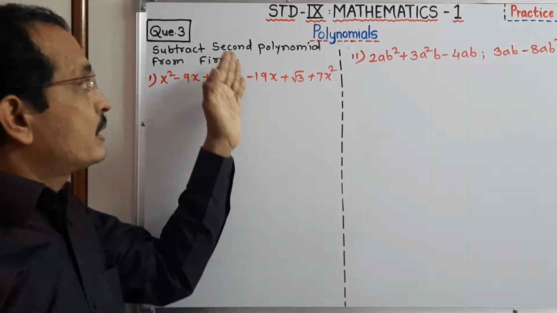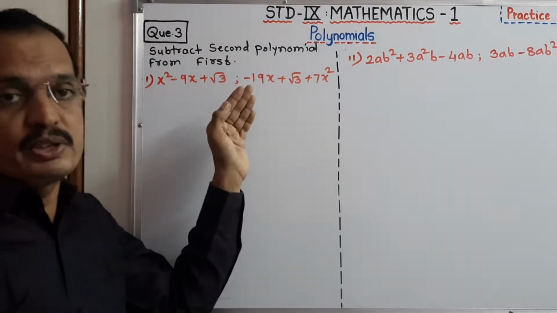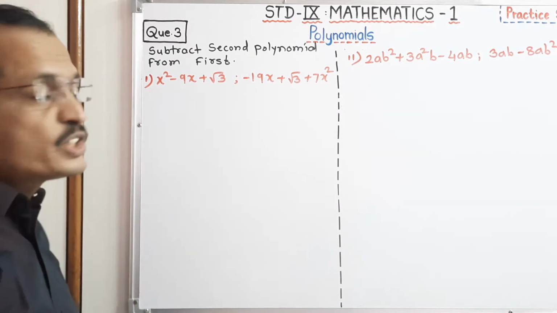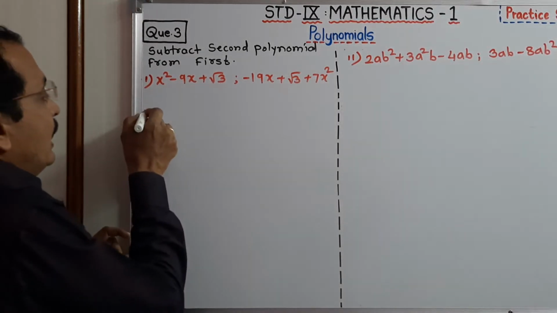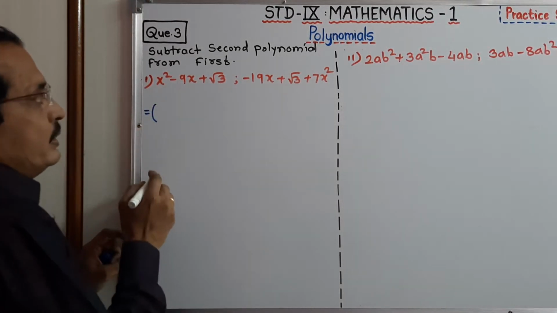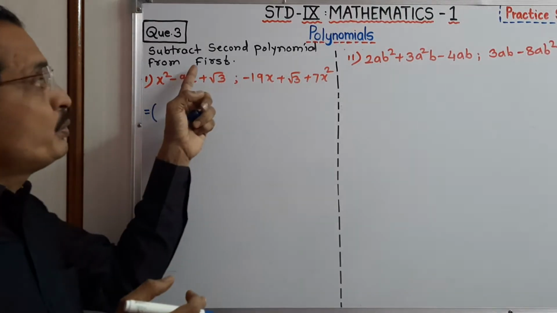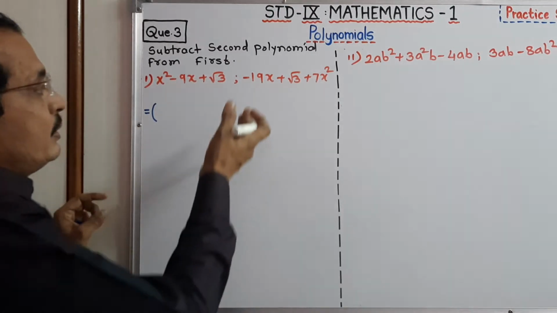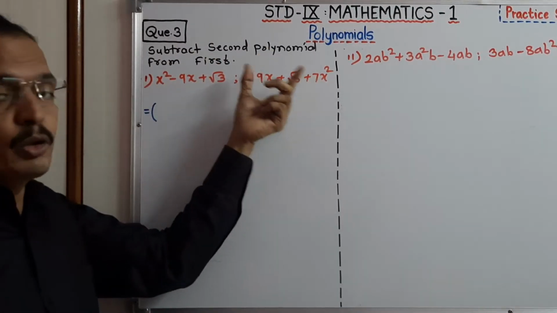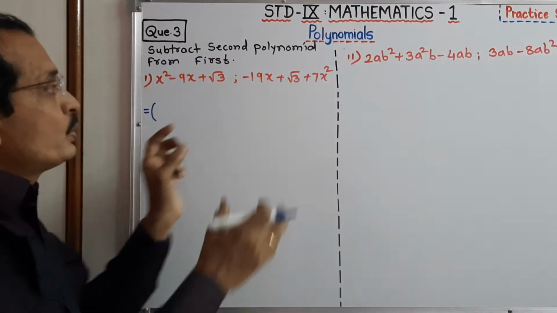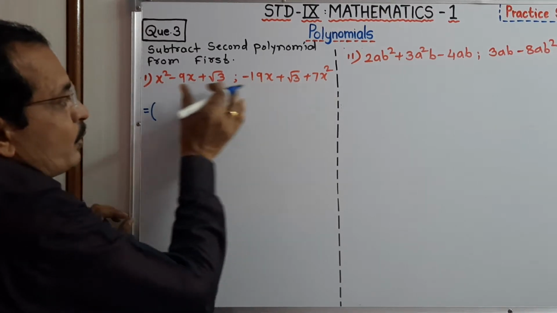We have to subtract the second polynomial from the first. That means we have to write the first polynomial and from that we have to subtract. If it is subtract the first polynomial from the second, then we have to write the second polynomial first. But here we have to subtract this second polynomial from the first.